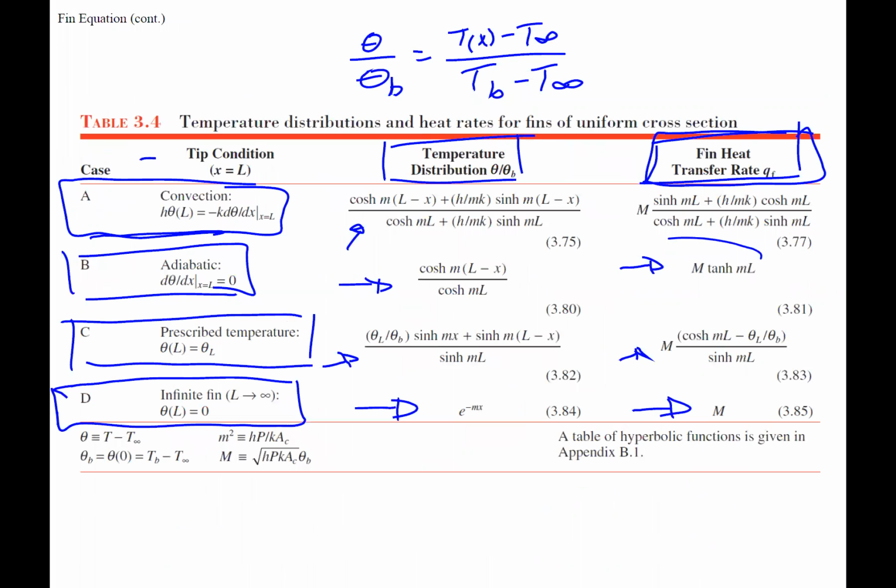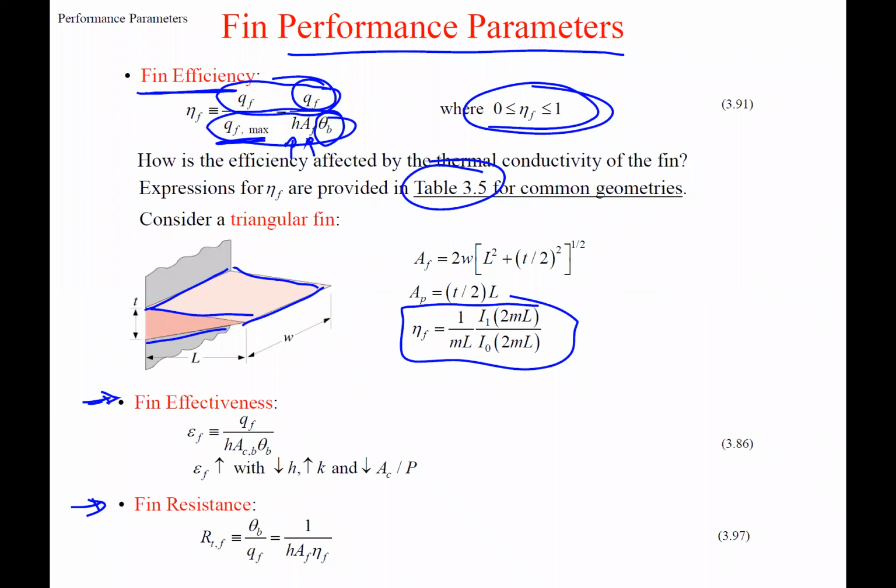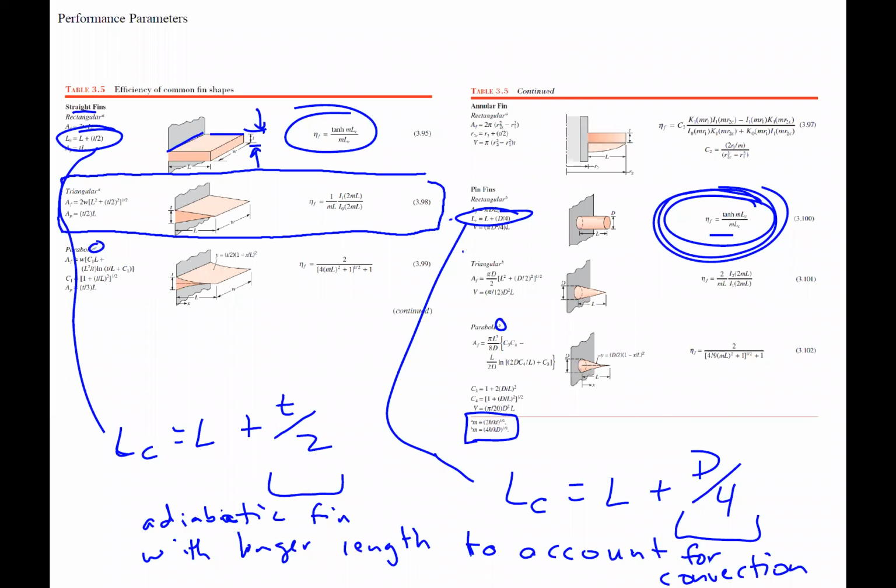If we look at this, they're using this equation instead of this one, and what they're doing is adding a little bit of length to L to account for that missed heat transfer on the tip. They're adding a little bit of length to the fin to get some of that heat transfer back, and it allows them to use this nice simpler equation here versus this one. That's what's being done in this table, and why they have this changed length. They've added a length to account for convection, but use the simpler equation.